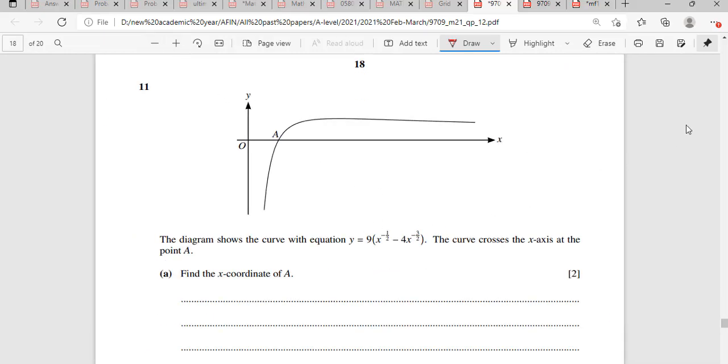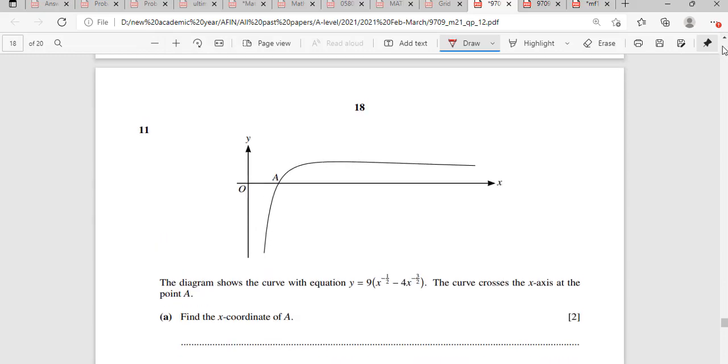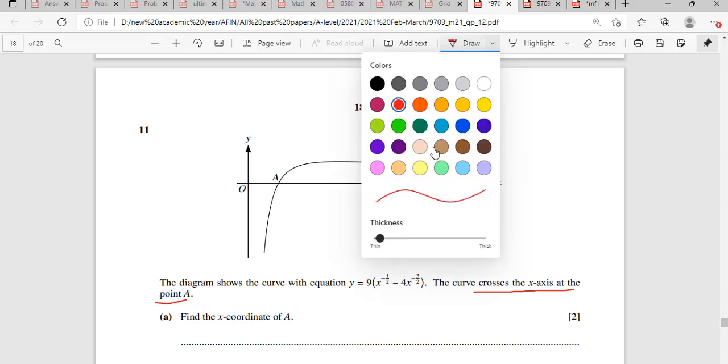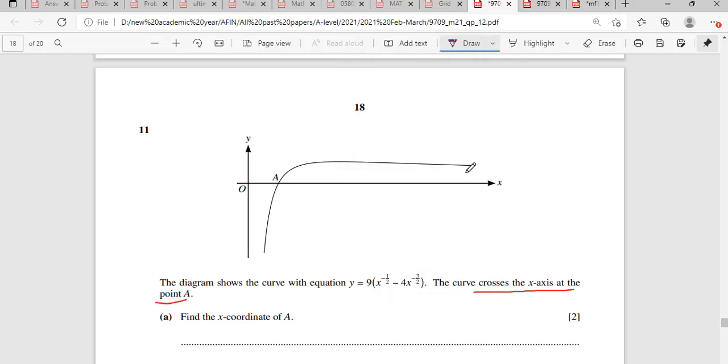The last question, here is a graph. The diagram shows the curve with equation y equals 9x to the power negative 1 over 2 minus 4x to the power negative 3 over 2. The curve crosses the x-axis at point A. So crosses x-axis means it's x-intercept, and in x-intercept y is equal to 0.